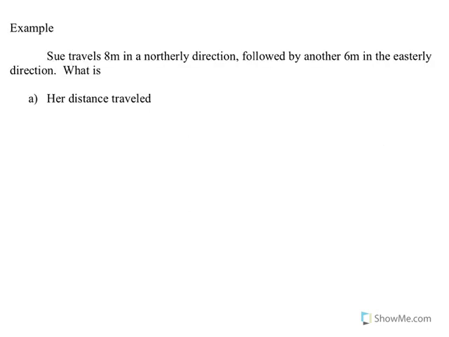Alright, example. Sue travels 8 metres in a northerly direction, followed by another 6 in the easterly direction. What is her distance travelled? Alright, so if north's up there, she goes 8 in the northerly direction, and then she turns the corner and goes 6 in the easterly direction, and so she starts here and she finishes up there.